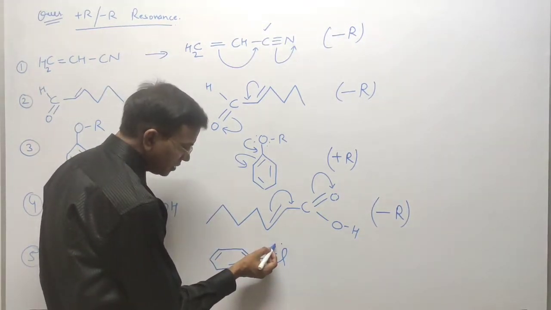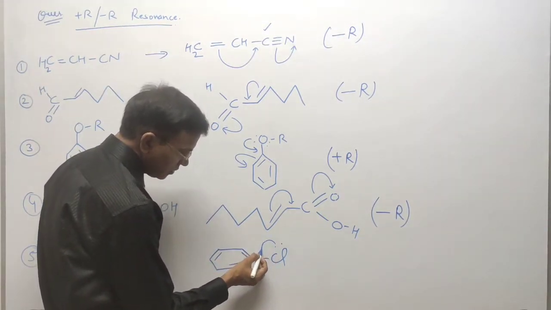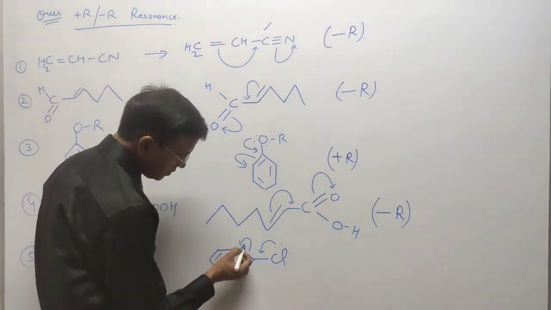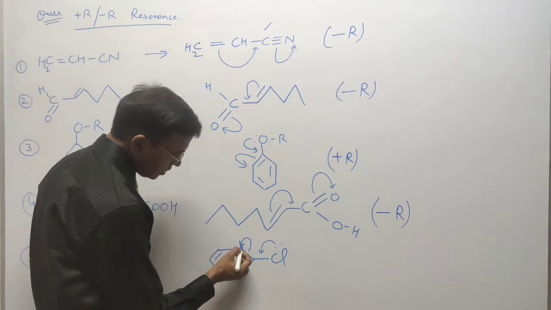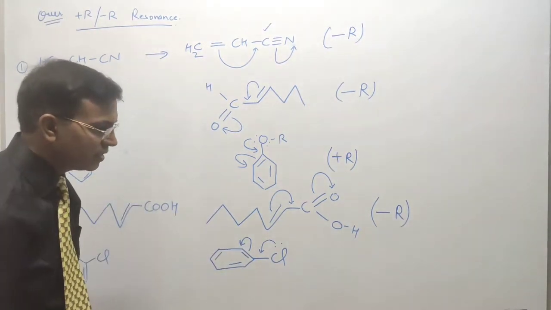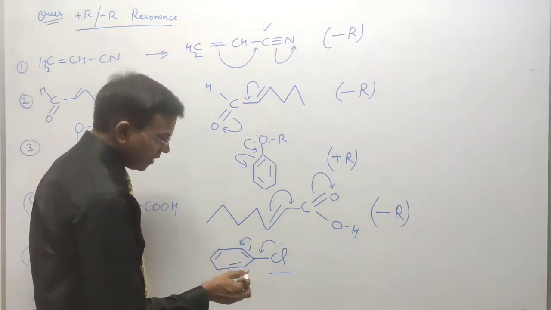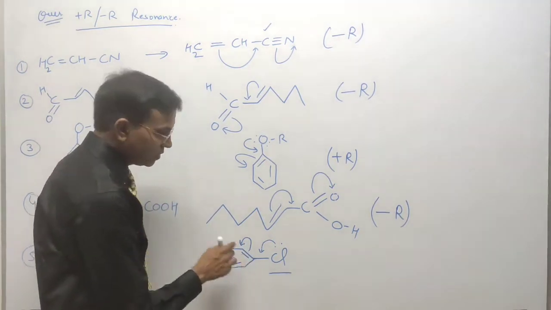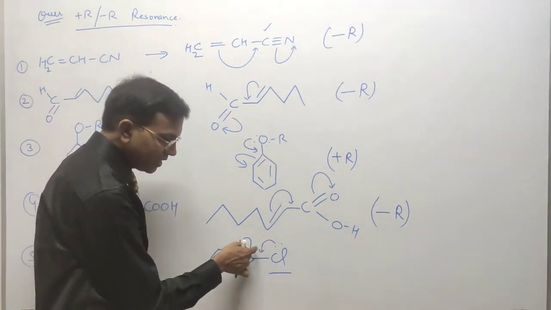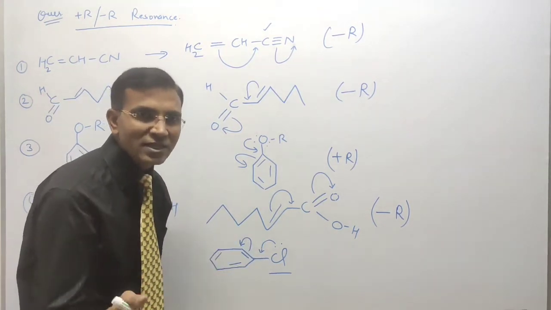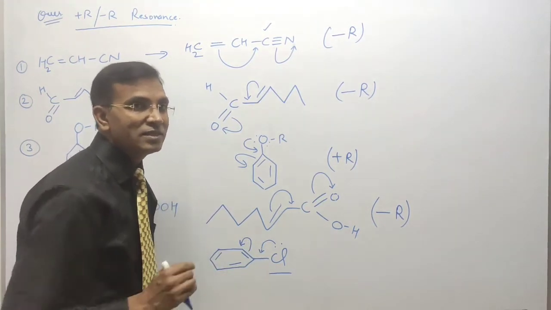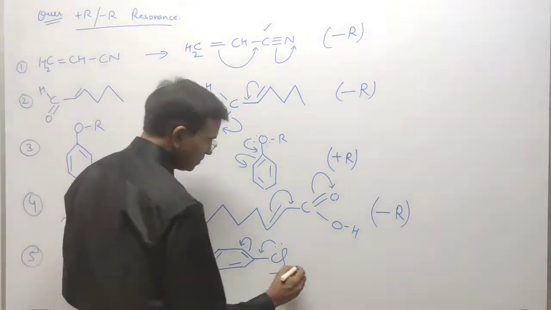So the delocalization of pi electrons takes place. In this, the atom attached is chlorine with the conjugated system. So the electrons movement takes place away from the atom attached. That means it is the plus R type.